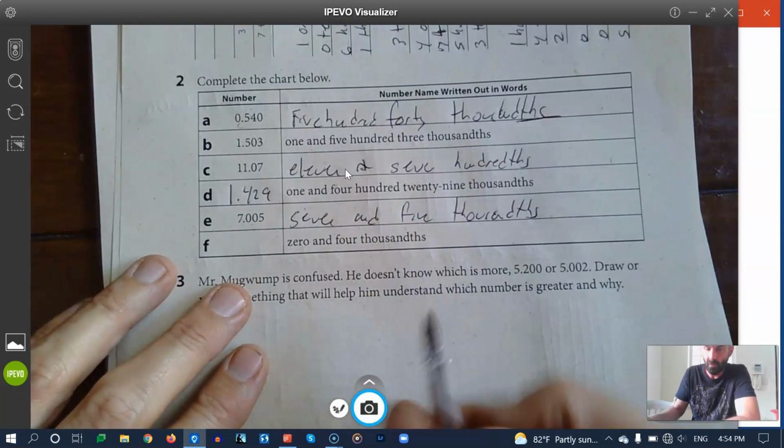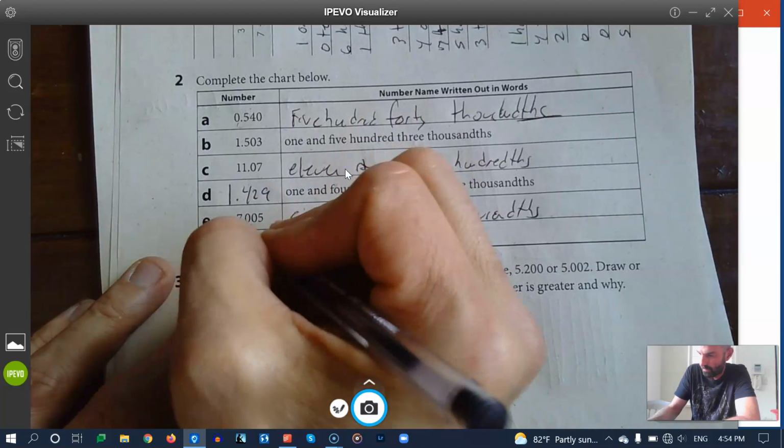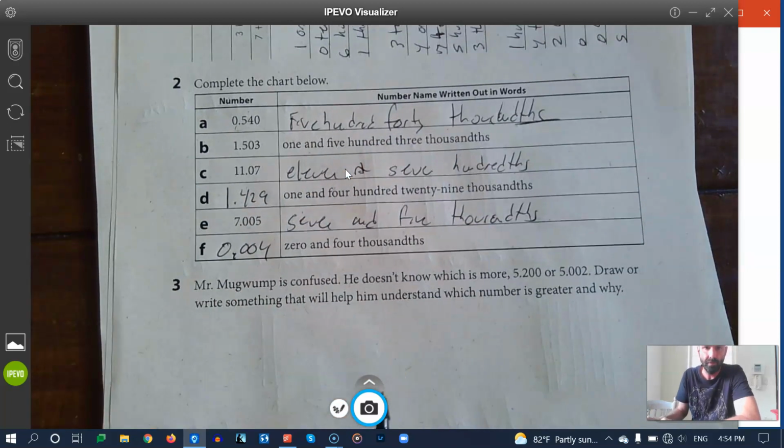And then we have 0 and 4 thousandths, with 4 in the thousandths.